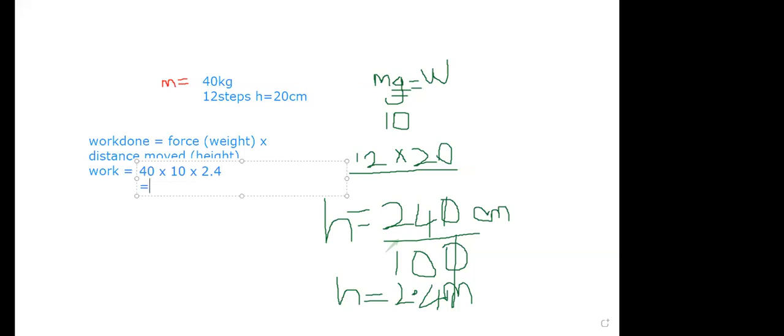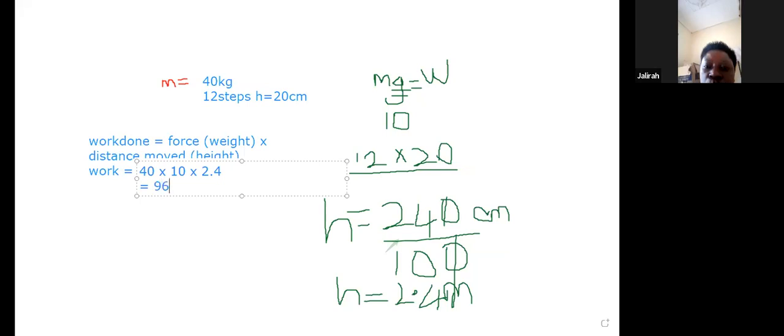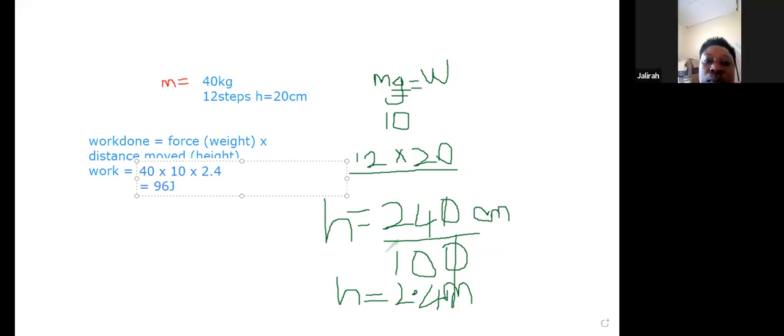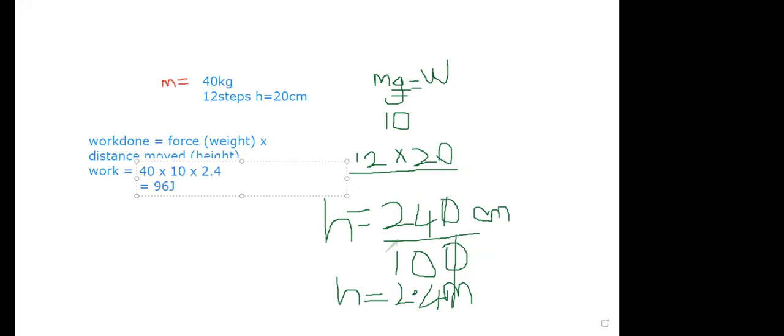The answer that we get there will be 96. And we said work done is in joules. So that will be our answer, that is if we have calculated well. 960. Oh, it is 900. Yeah, it's 960 joules. I had made a mistake somewhere here.